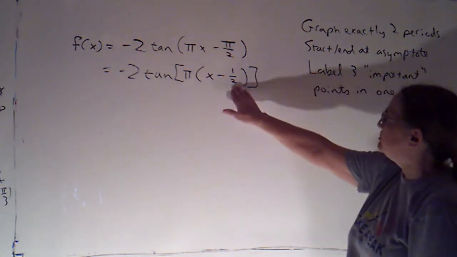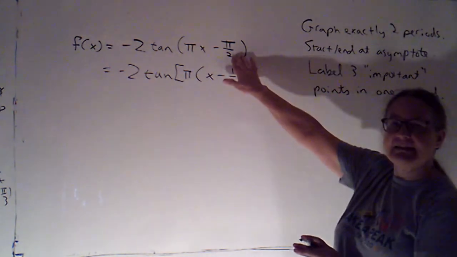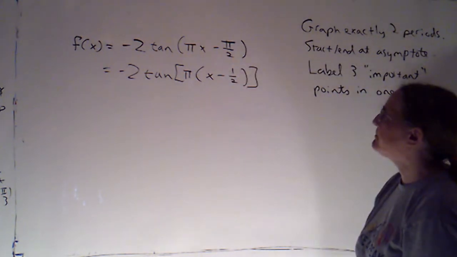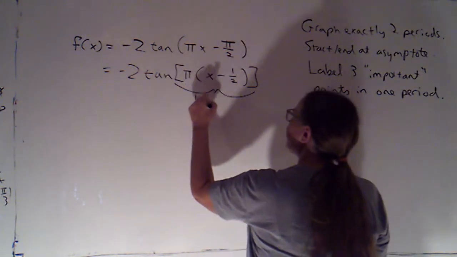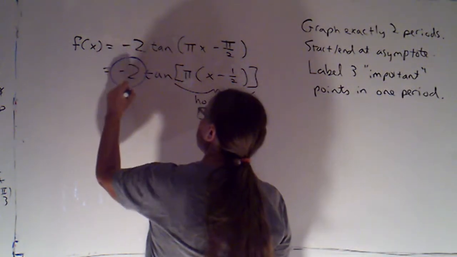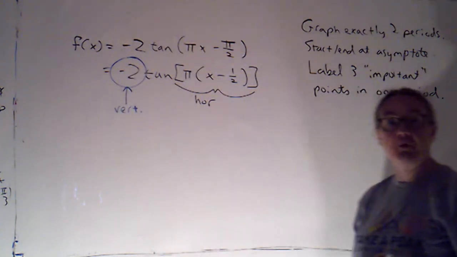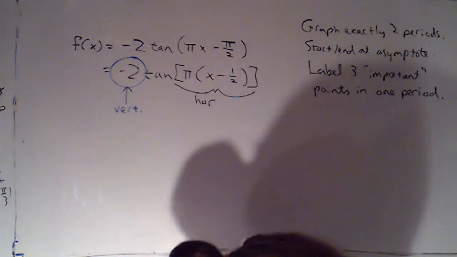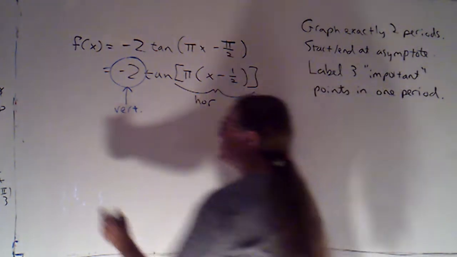Okay, so that gives me a nice way of double checking things. It's a little harder to see that from here. Okay, the stuff that I'm plugging in, all of that is going to affect the graph horizontally. And then anything I do after I evaluate tangent, which in this case is multiplying by -2, that's going to affect the graph vertically.